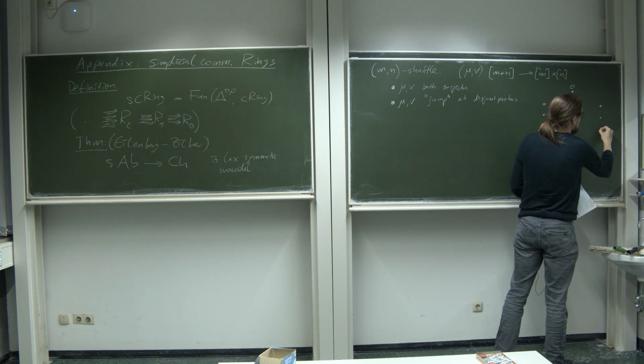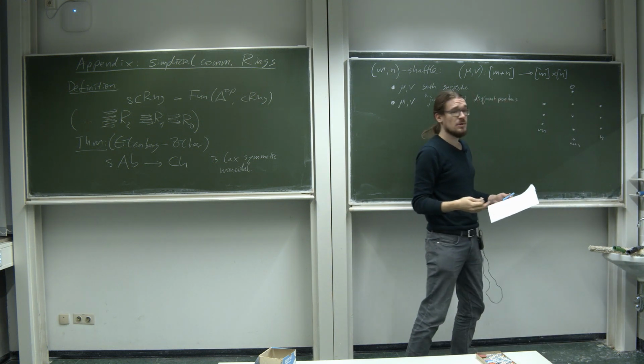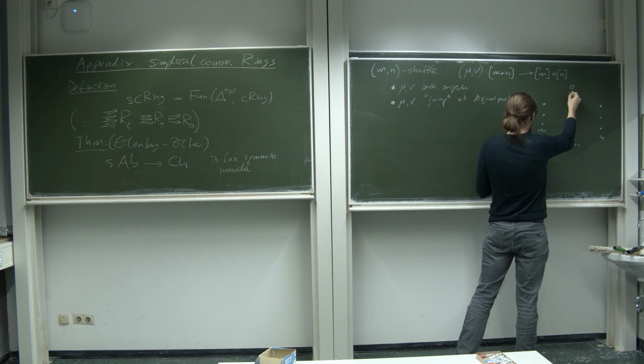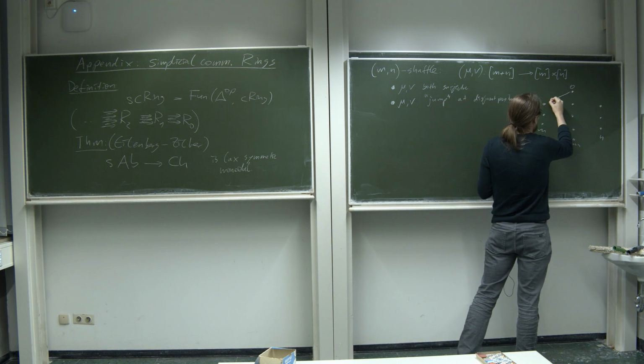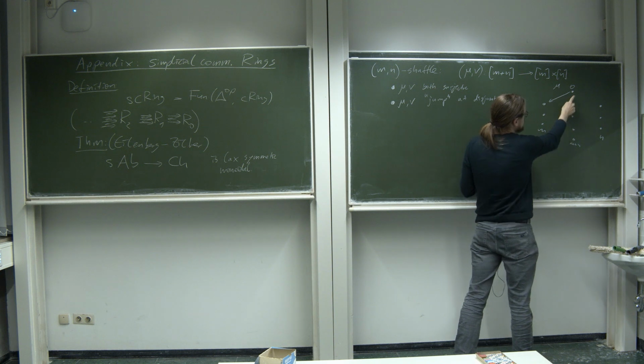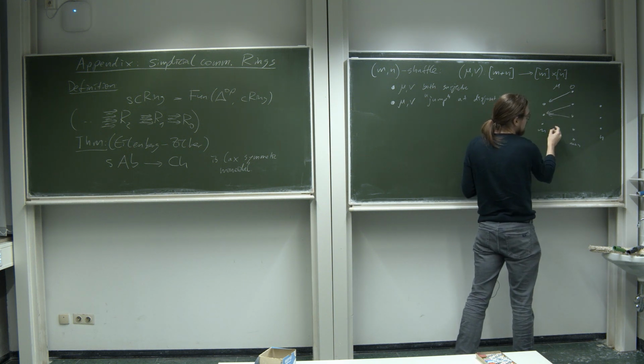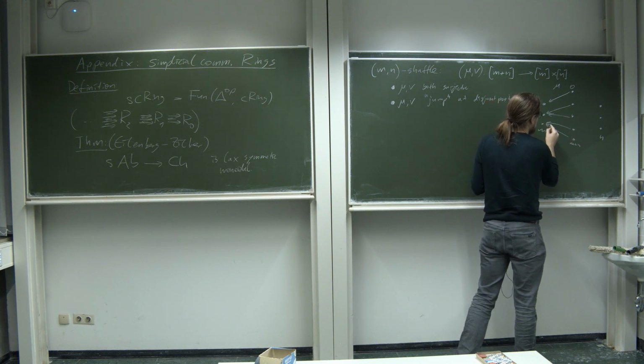The set from 0 to n will also have 3 elements. And the maps could do something like this. Mu could send the first element to the first element, the second and third elements to the third element here, and the final 2 elements to the fourth one.